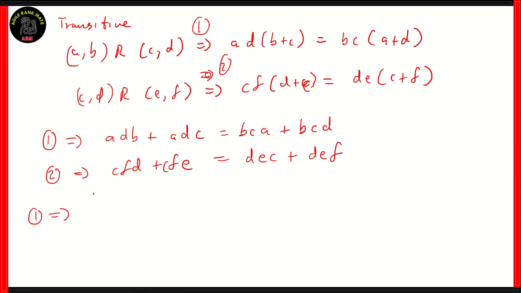Now if you look at 1, we can rearrange the terms to get ADC minus BCD, and the other side would be equal to BCA minus ADB.